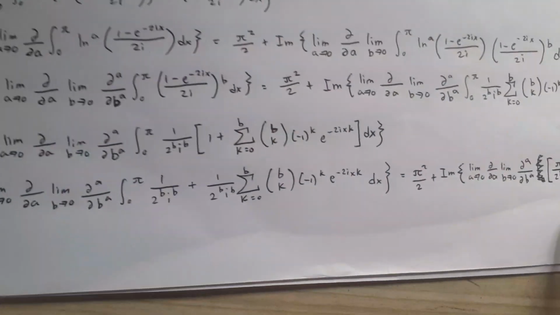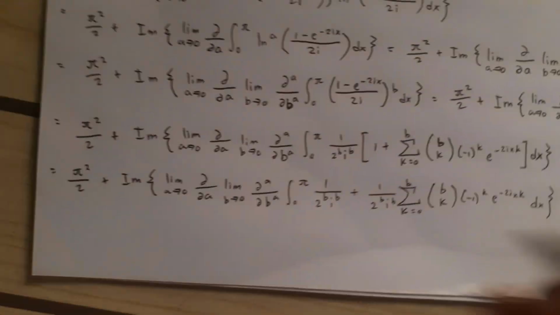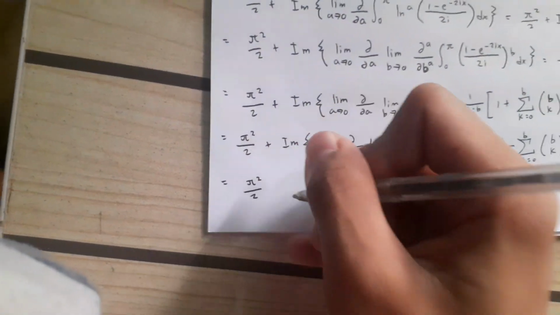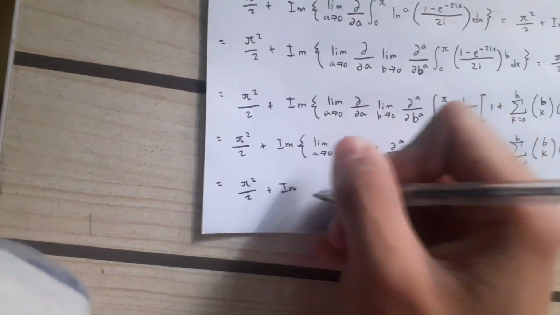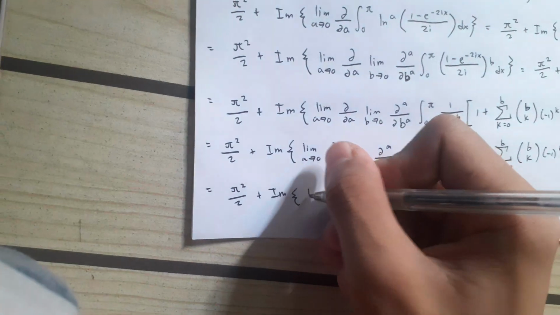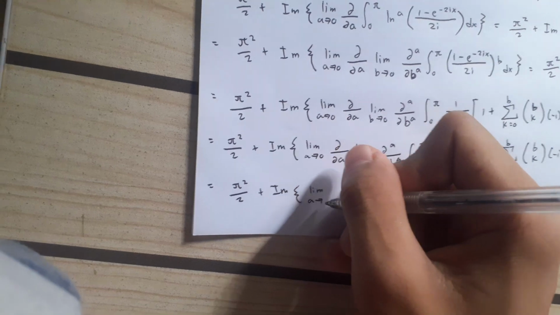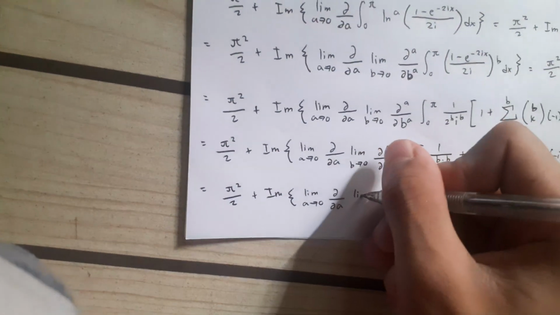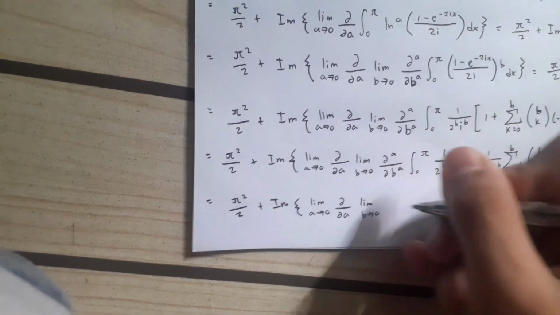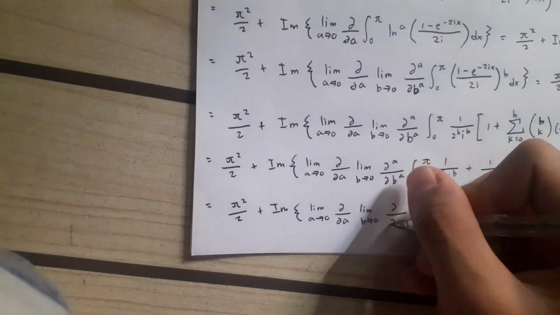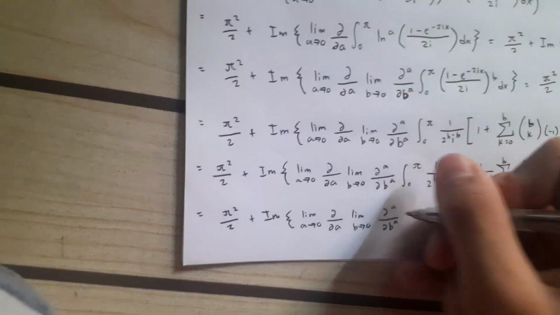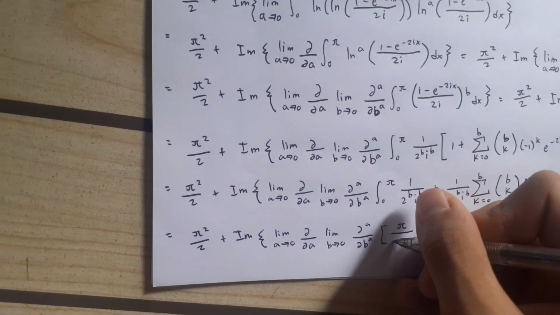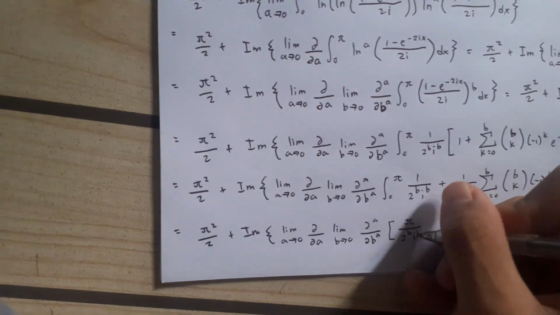Using that, we are now left with pi squared over 2 plus the imaginary part of the limit as a approaches 0 of the partial derivative with respect to a, the limit as b approaches 0 of the partial derivative of b to the a order of pi times pi over 2 raised to b times i raised to b.